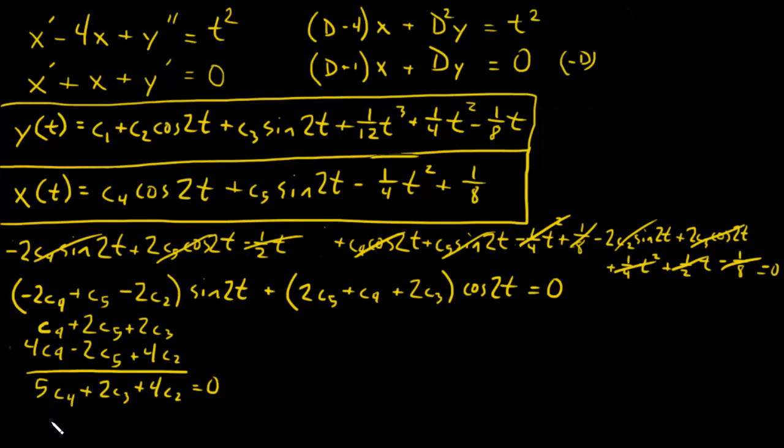So I'm going to wind up with, if I move the C3s and the C2s over, I get a negative, then divide by 5, I'm going to get C4 is equal to negative 1/5 times 2C3 plus 4C2. Okay?